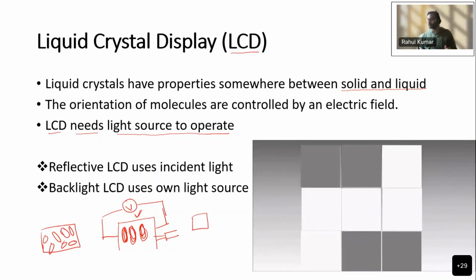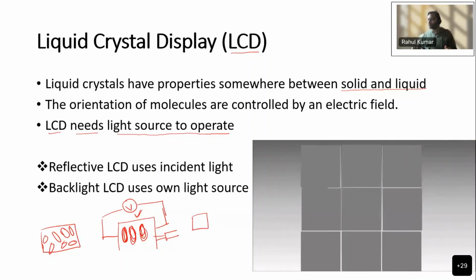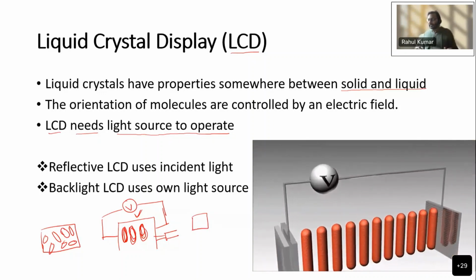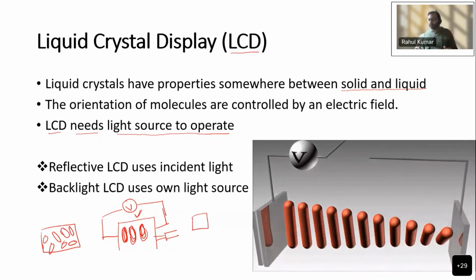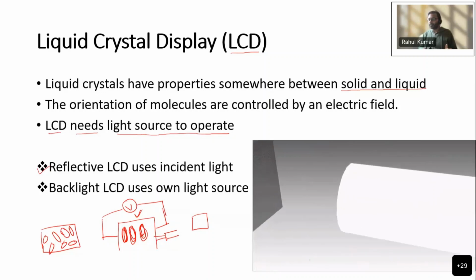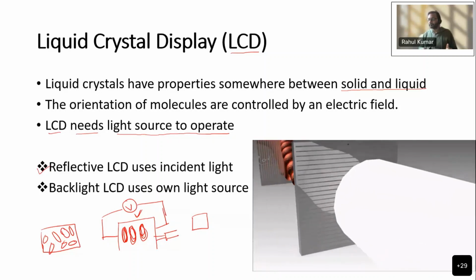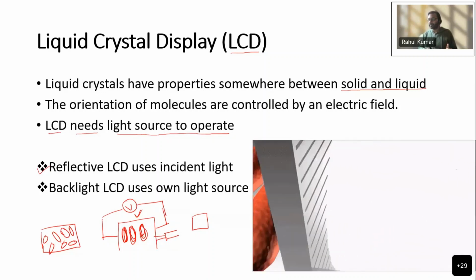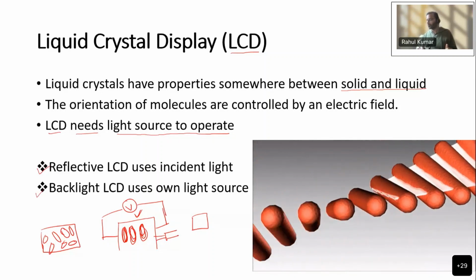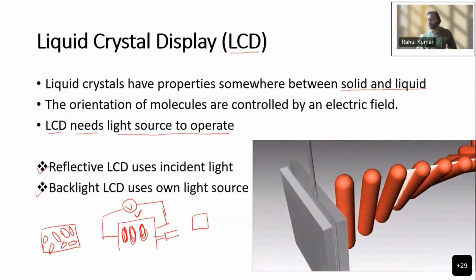So it will produce different dark and white spots. There are basically reflective LCDs which use incident light, and you have backlight LCDs which use their own light source.